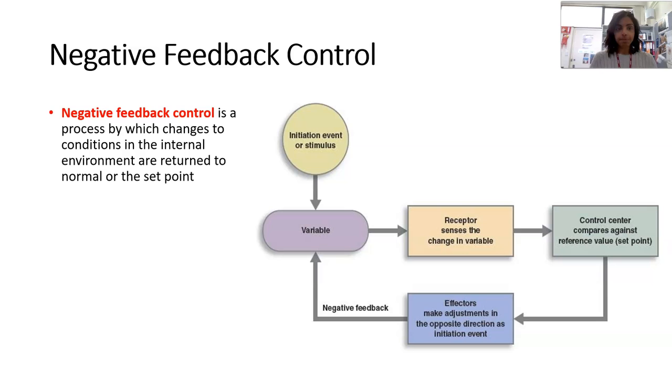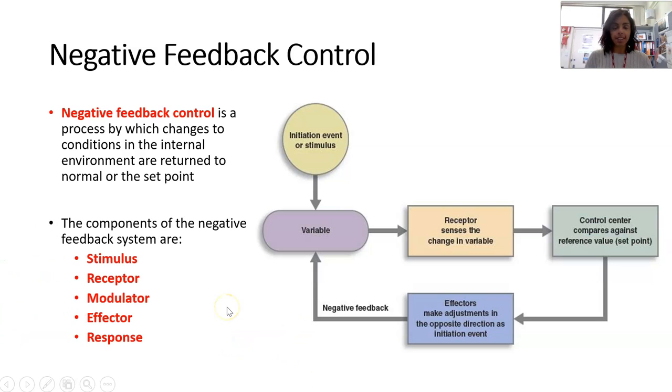So following on, negative feedback control is how the human body maintains homeostasis. This is a term that you should get comfortable with. Negative feedback control helps us to control that internal environment using these key words here. We have an initial stimulus, which is picked up by a receptor.